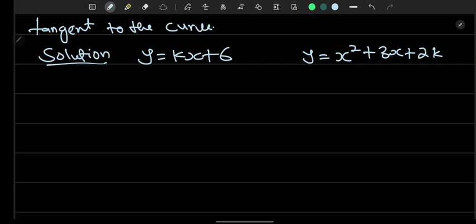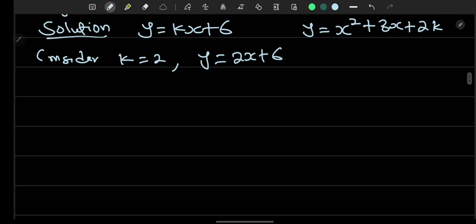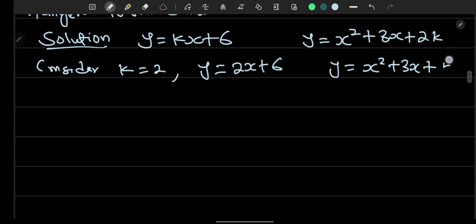So we need to find the points A and B when k equals 2. Consider k to be 2. Then the equation of the line becomes y equals 2x plus 6, and for the equation of the curve, we have x squared plus 3x plus 2k, which is 2 times 2, that's 4.